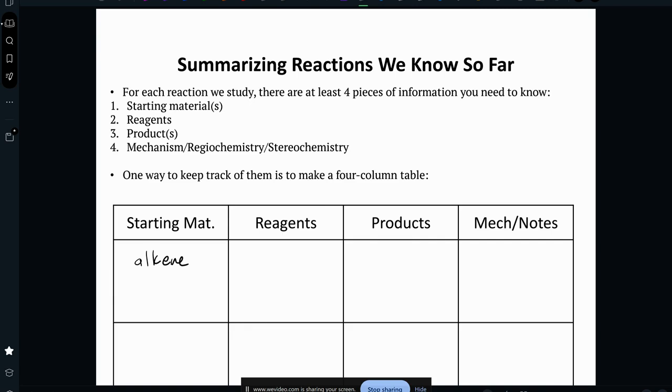If you want to put in a specific example, you can. So I would say alkene is my starting material. I might draw a simple alkene there. The reagents we're using here were HBr and peroxides. You could write that as ROOR, or you could write that as peroxides.